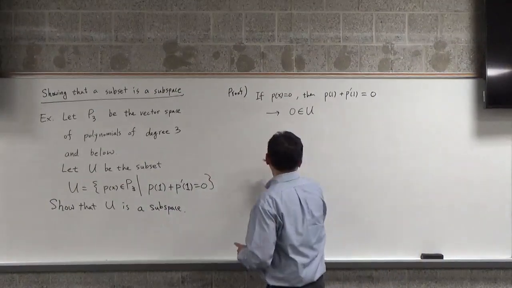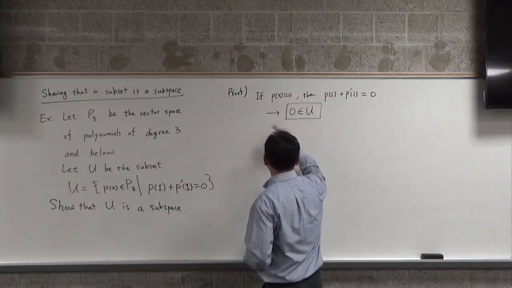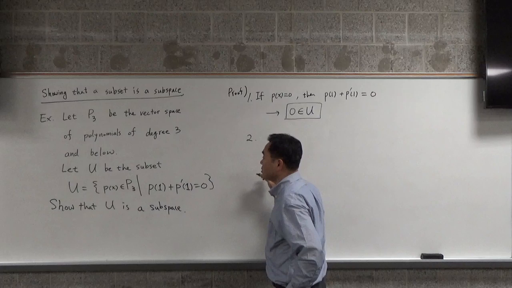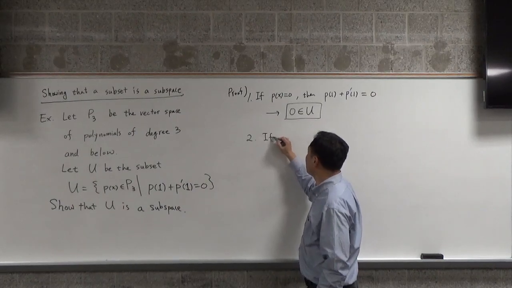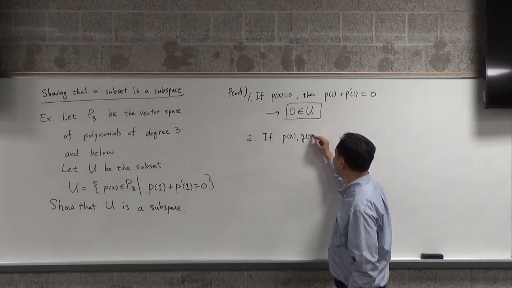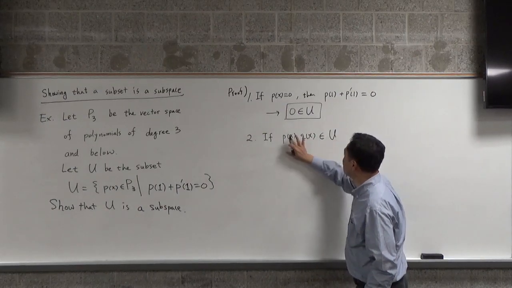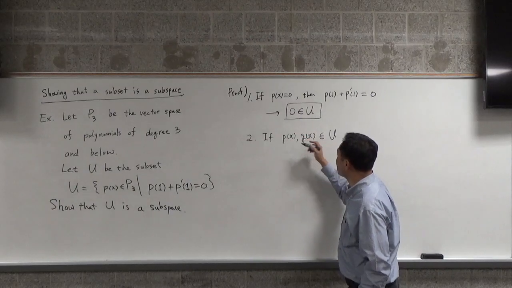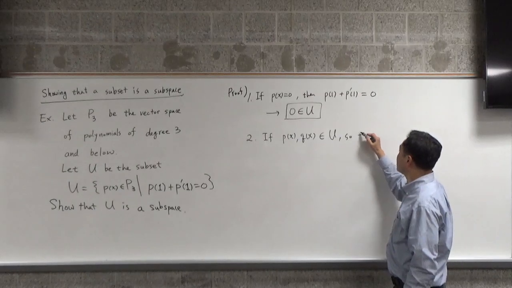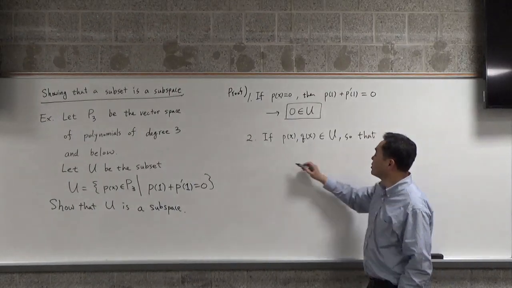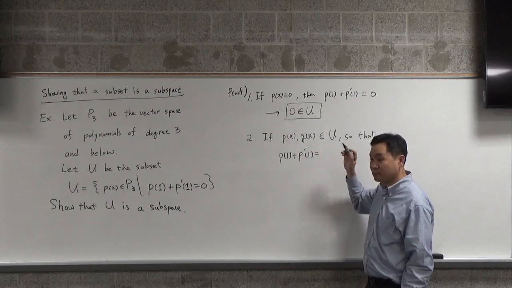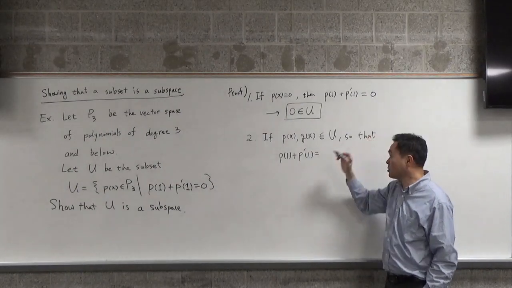Now, that's the first thing that you want to show. And then second, number 2: if P of x and Q of x are both from U, so we have two polynomials from U, then P of 1 plus P prime of 1 would equal to what? 0, right?